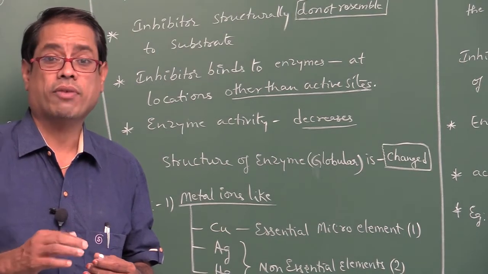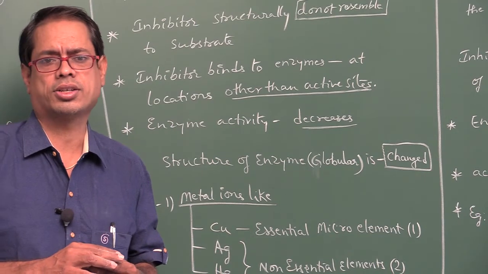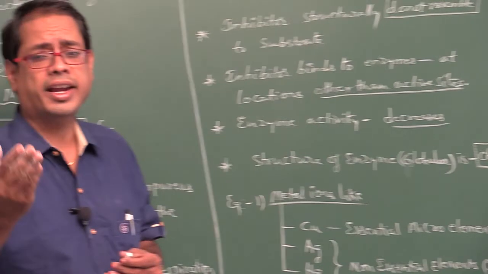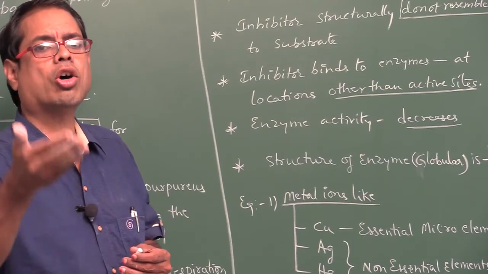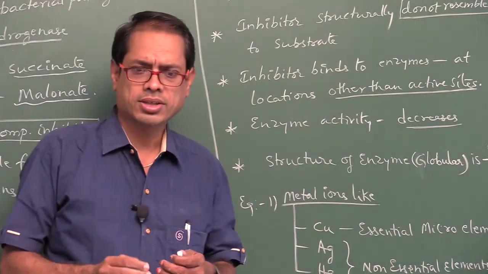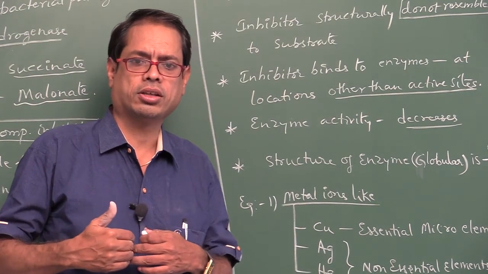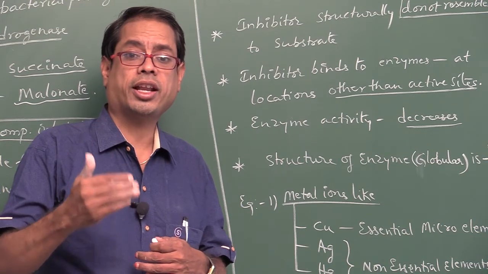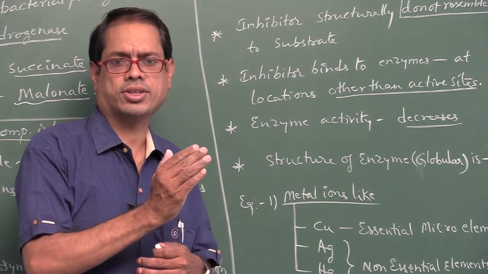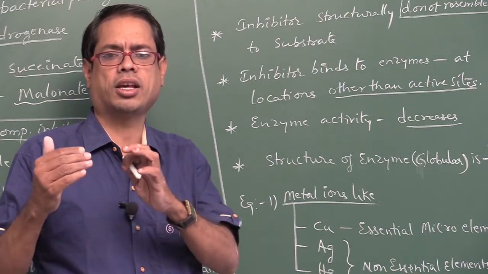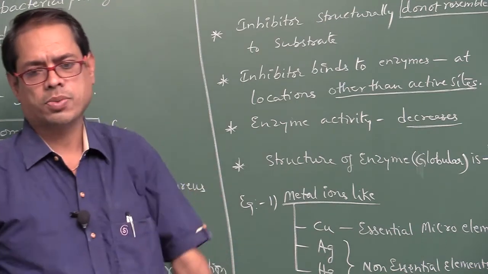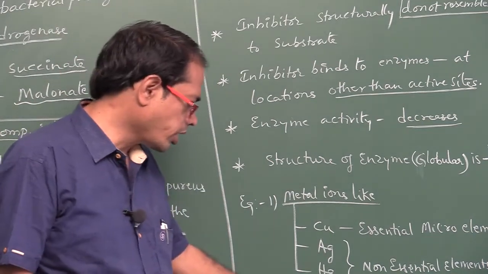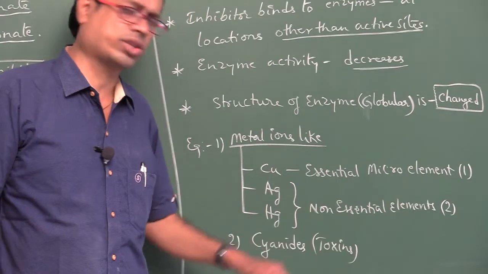So suffocation occurs, and finally the person will die. So those cyanides act as non-competitive inhibitors. That means the active sites of respiratory enzymes are blocked by cyanides. Finally, suffocation occurs, and the terrorist or thief will die. That is the importance of cyanides, which act as toxins.